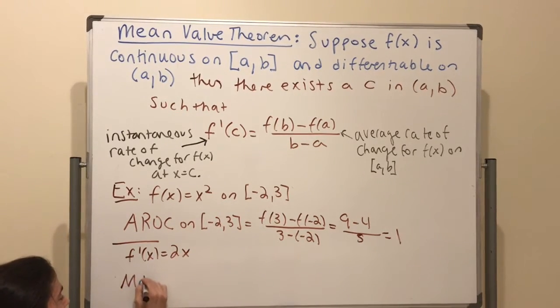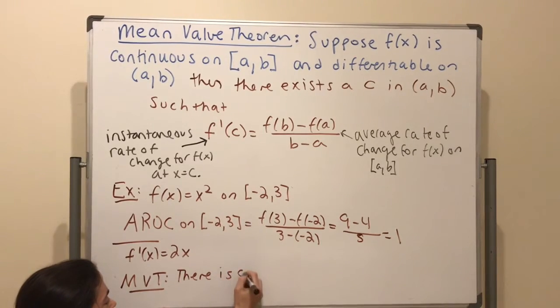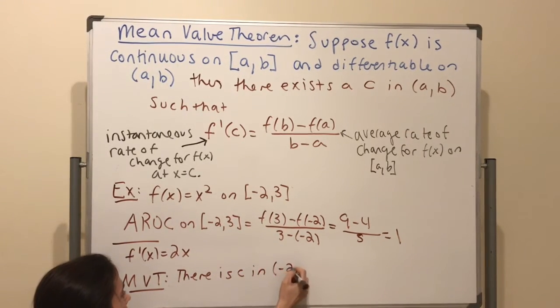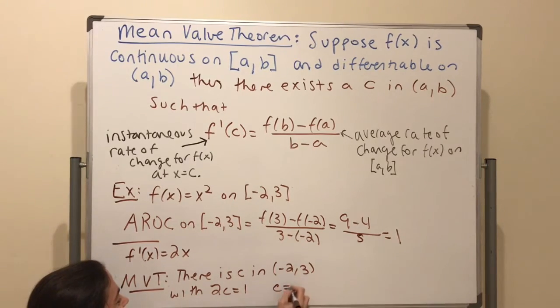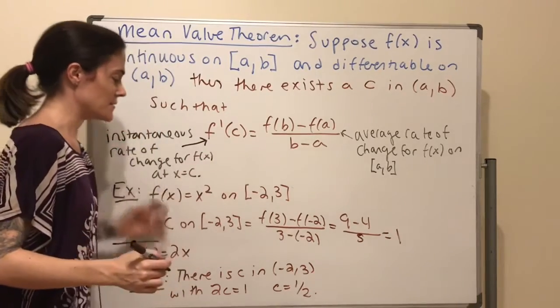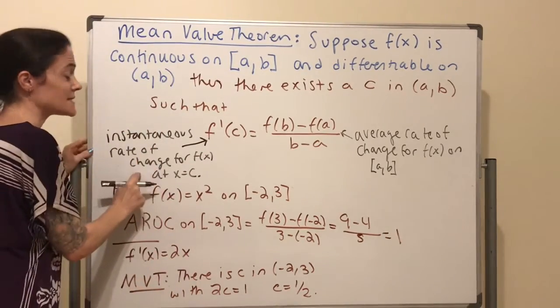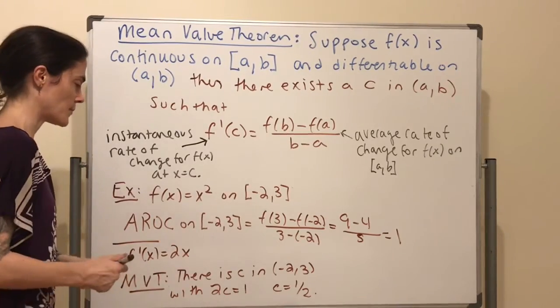The mean value theorem says there is a c in the open interval with 2c is 1. Well, of course, we can find it here. c is a half. But now let's look at a graph to understand instantaneous rate of change and average rate of change in this example.